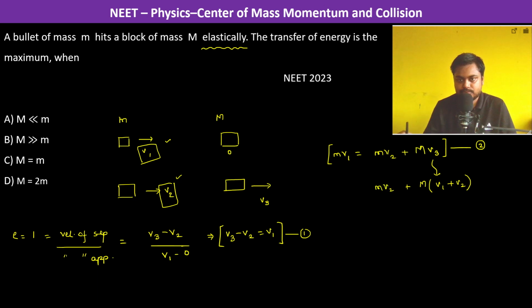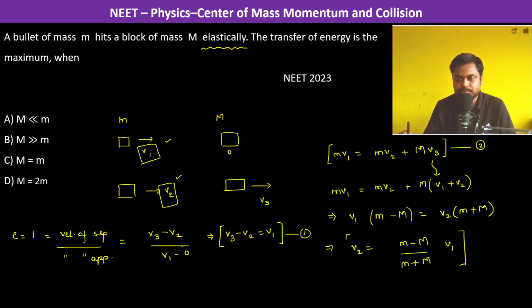Small m v2 is equal to small m v1 minus capital M v1 minus capital M v2. Okay, so we have v1 common. m minus M is equal to v2 into m plus capital M. So thus v2 becomes m minus M divided by m plus M into v1.